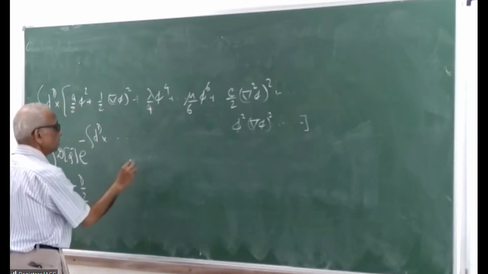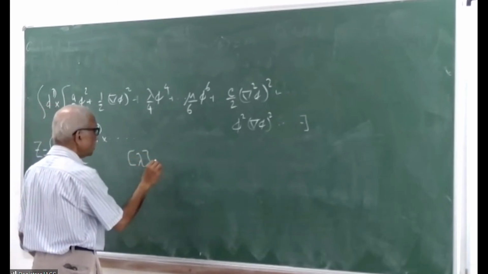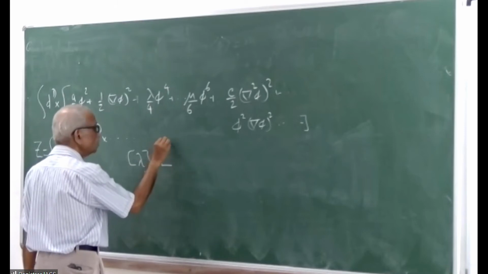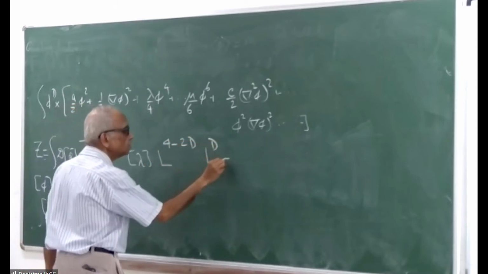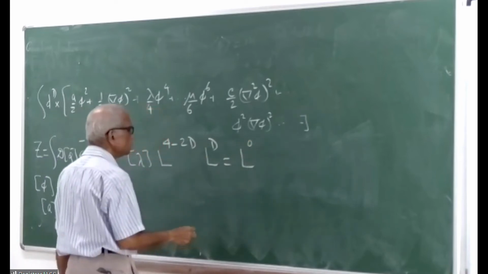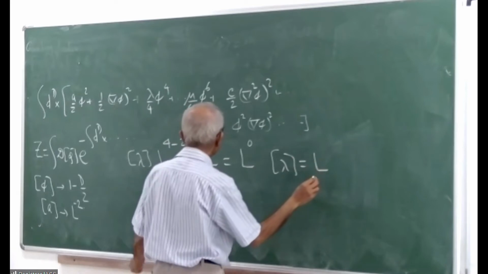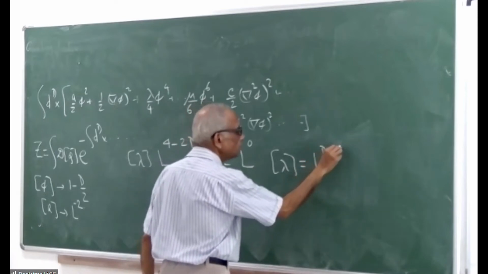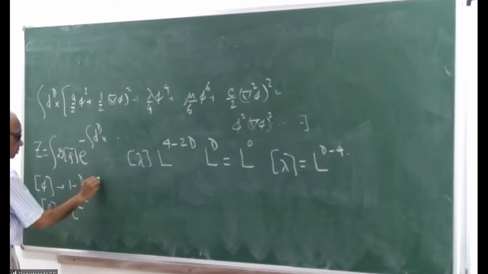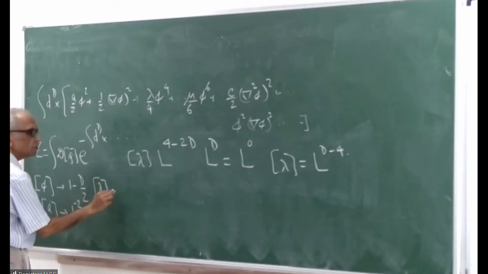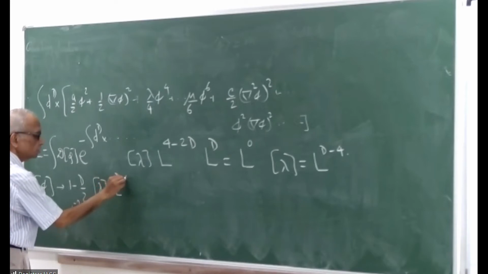Then comes lambda. Phi to the power 4 is L to the power 4 minus 2d, and L to the power d is L to the power 0. So the dimension of lambda is L to the power d minus 4.